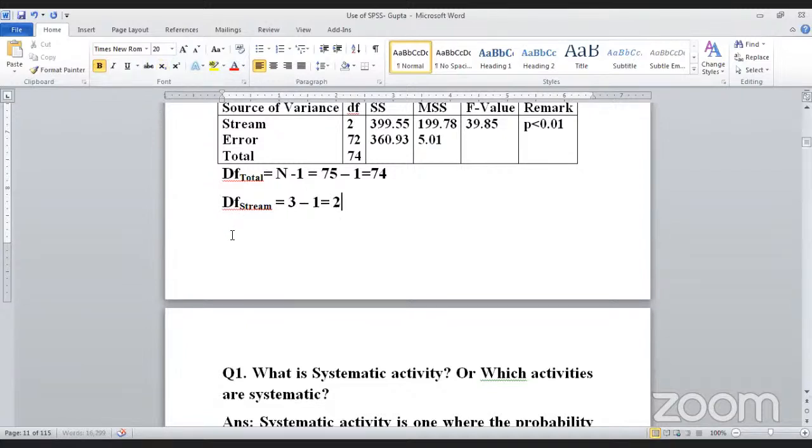And my degree of freedom for error will be equal to the degree of freedom of total minus the degree of freedom of stream.